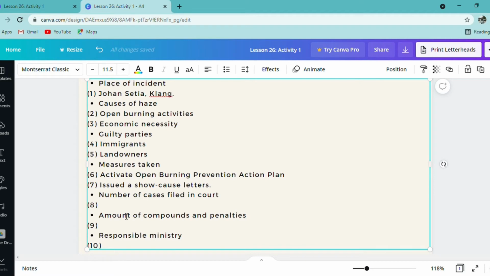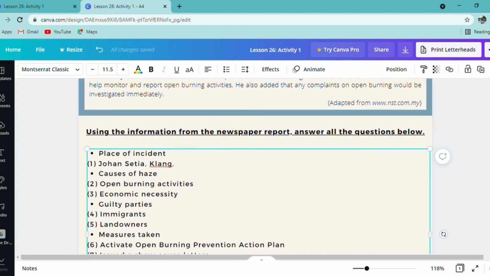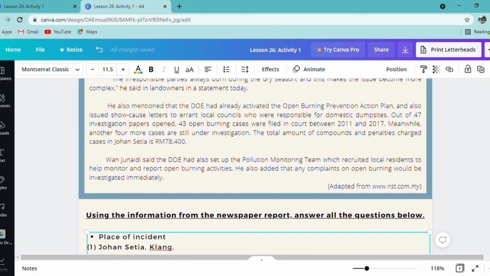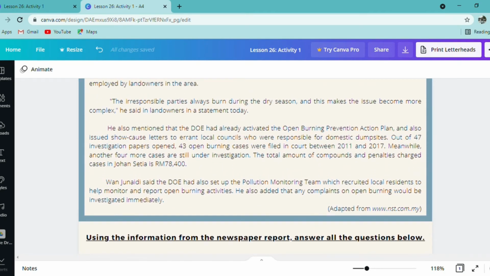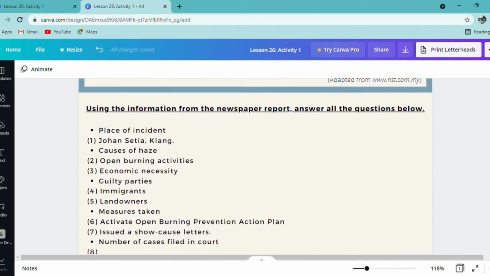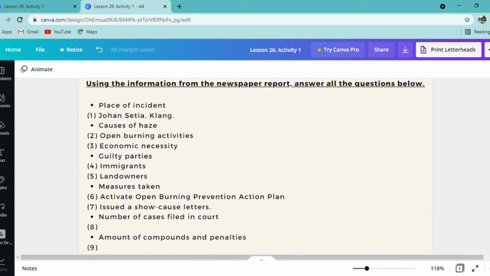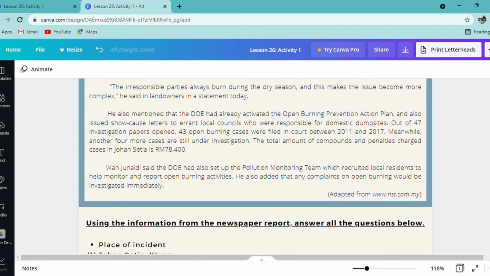Let's proceed to question number 8, which is number of cases filed in court. We move on to the text again, and then you need to find the keyword, which is the number of cases filed in court.